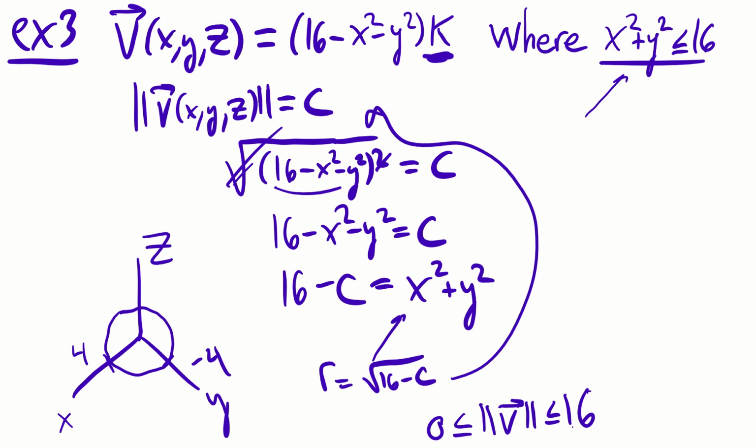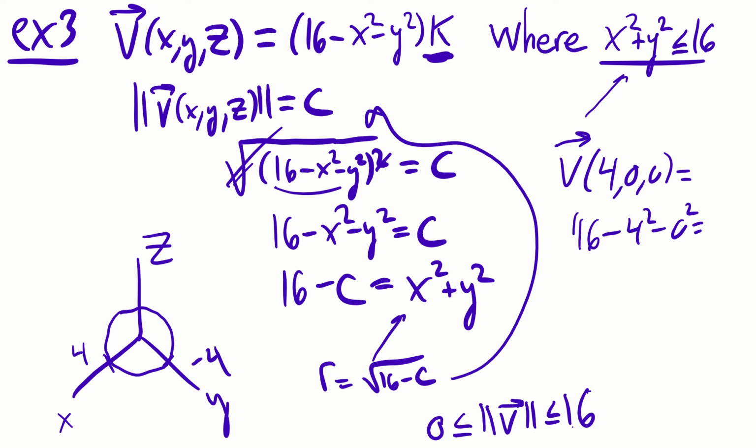So let's go ahead and plot a few of these. For example, if I plot the vector at 4, 0, 0, this would be 16 minus 4 squared minus 0 squared k, which is 16 minus 16, which would be 0k, which is just the 0 vector.